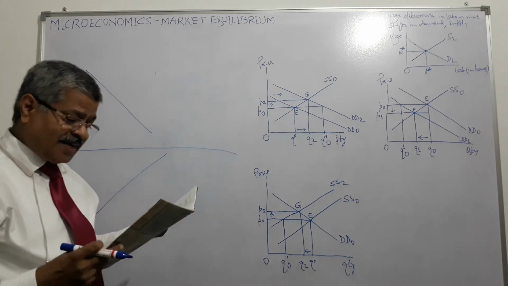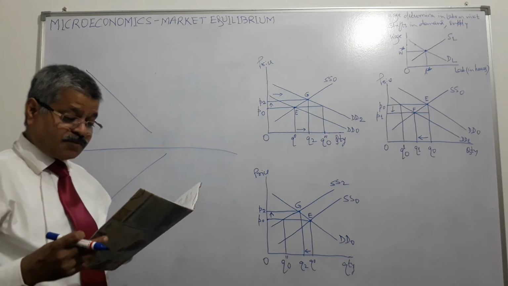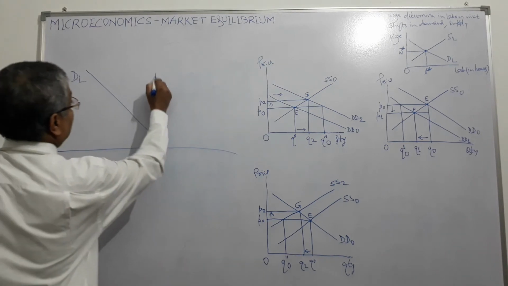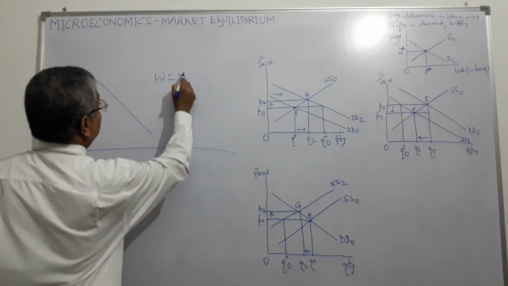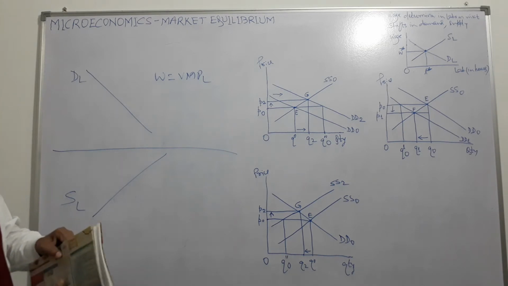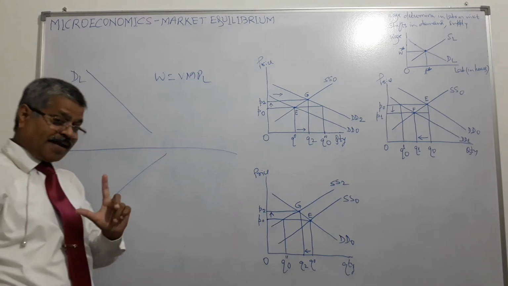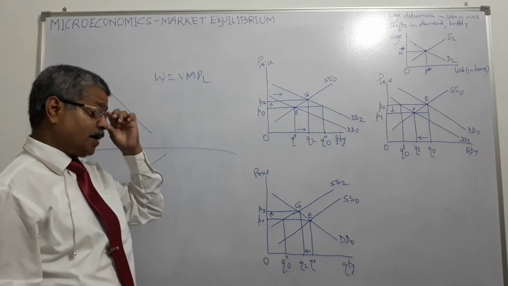So why does it happen? Because firms always produce at W equal to VMPL, the value of marginal product of labor, right? And price is fixed. We are talking of a perfectly competitive market.